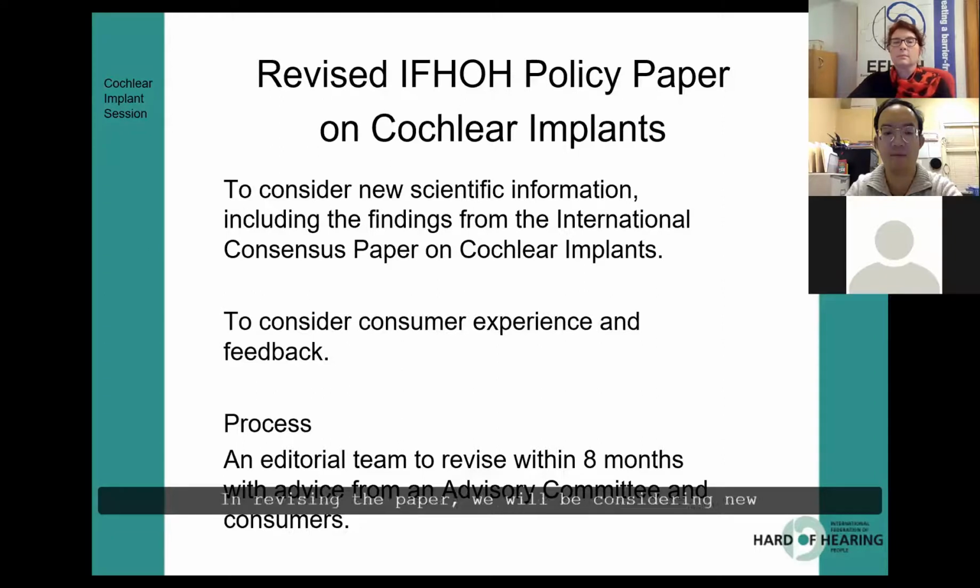In revising the paper, we will be considering new scientific information, including the findings from the International Consensus Paper on Cochlear Implants, and considering consumer experience and feedback. So your experience and feedback will be very important to us. We have set up an editorial team that will revise the paper within 8 months is our timeline.